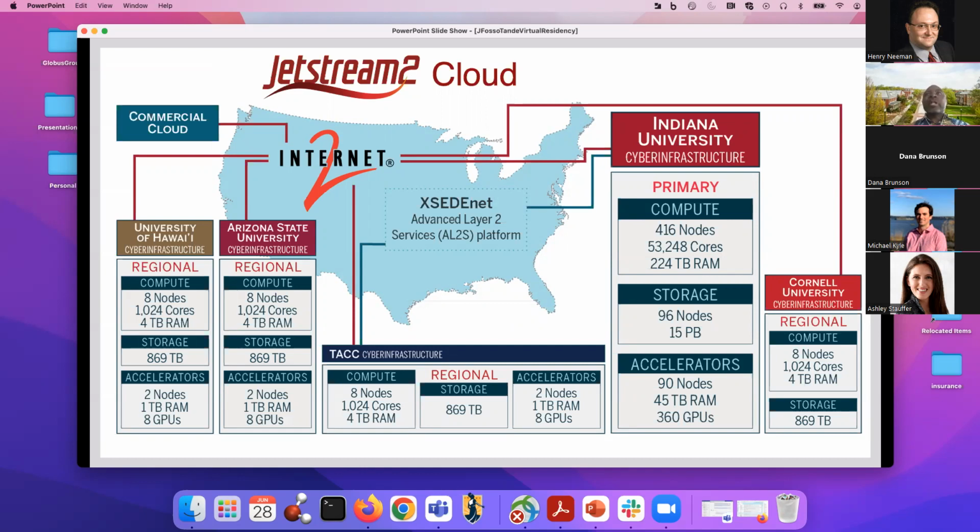Then you have Cornell University, which constitutes a regional hub, just as you would have for Asia on GCP or other cloud providers. They have regions, so Jetstream equally operates in regions. The regional systems are one at Cornell University, the others at Arizona State University, University of Hawaii, and Texas Advanced Computing Center as well.